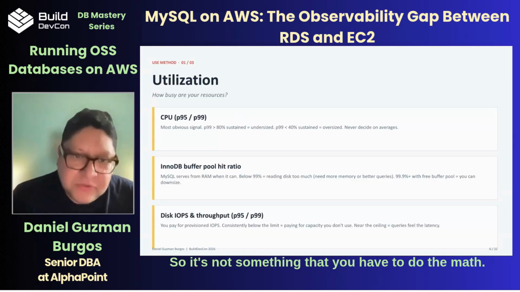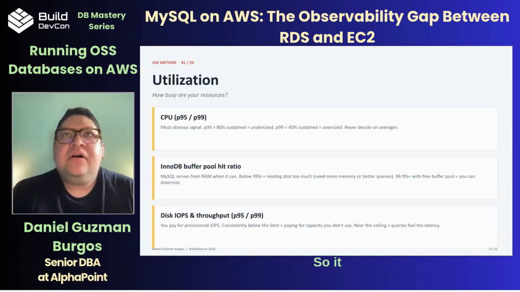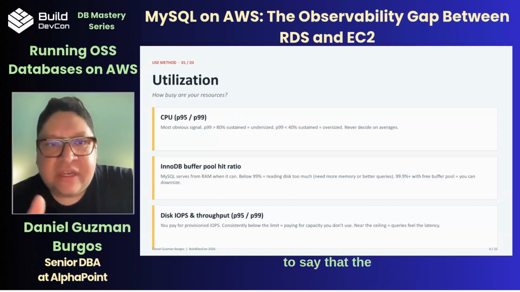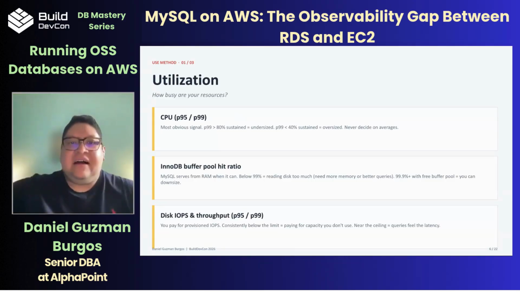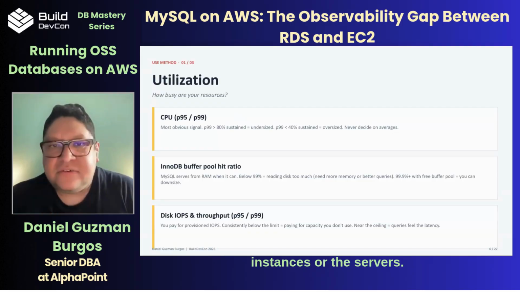So it's not something where you have to do the math, it's already there, and it's easier to see. It's very accurate to say that the problem is mostly with oversized instances or servers.